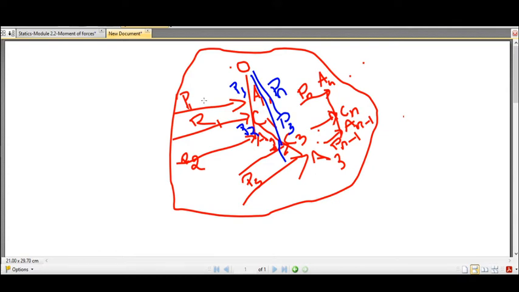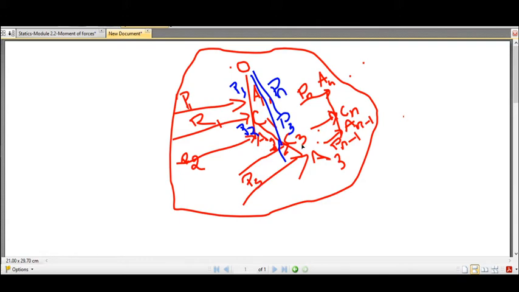Therefore, the force B1 acting at A1 and B2 acting at A2 have the resultant R1 acting at Z1, and the B3 acting at A3. Therefore, the resultant of B1, B2 and B3 can be taken as the resultant of R1 and B3.